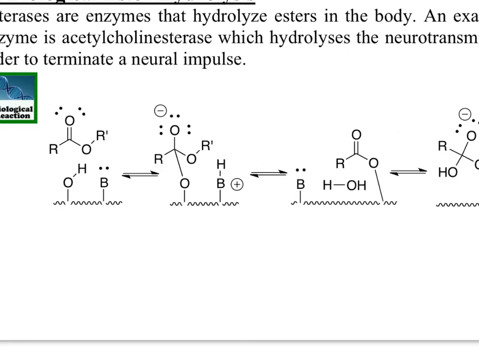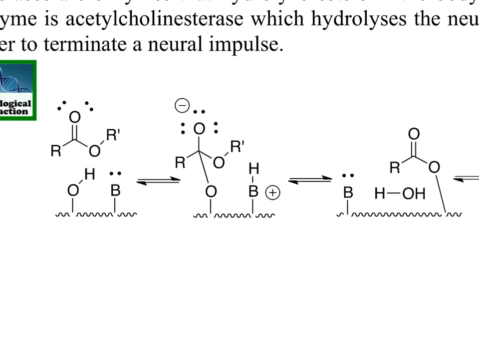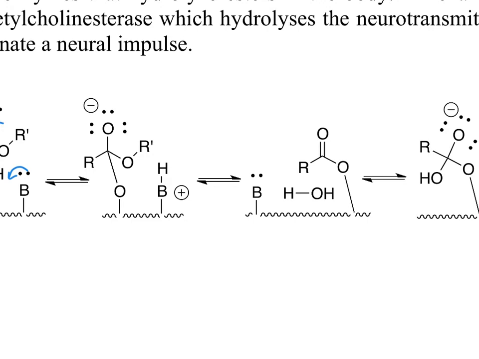The way this works is as follows. We've got abstraction of this hydrogen, which makes this into a very good nucleophile. So we're making the enzyme into our nucleophile. It attacks. Electrons roll up onto the oxygen. That gives us the following tetrahedral intermediate shown here.